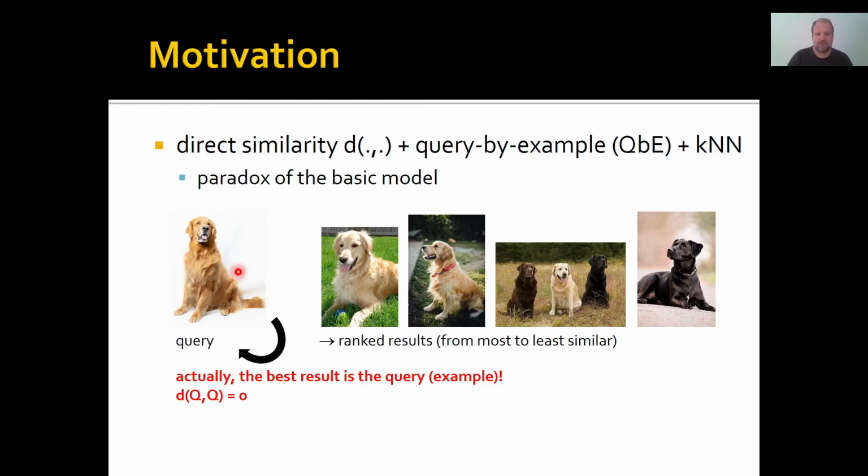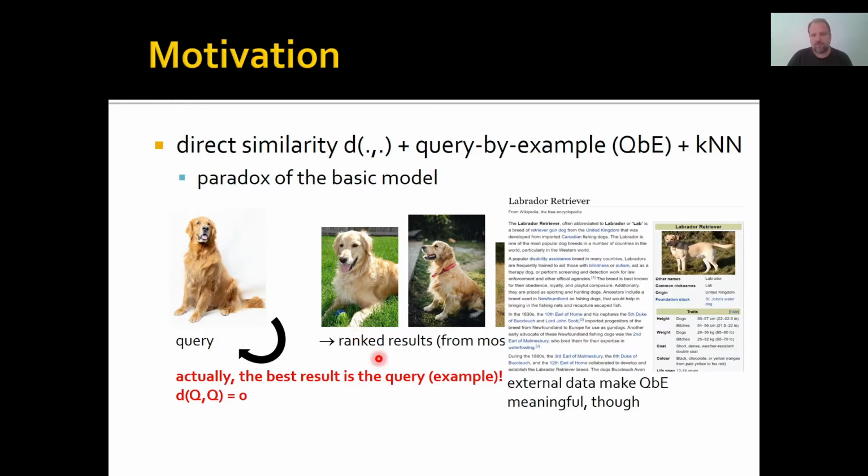But this usefulness is not because of the basic similarity model, but because of some external data that we get together with the results. So for example, this image of retriever was connected with the Wikipedia page and we get some information, and that's why the query result is useful, because the query was actually the perfect result.